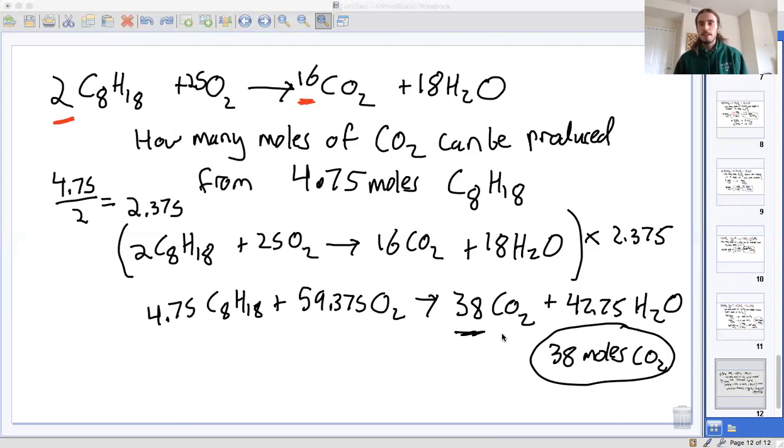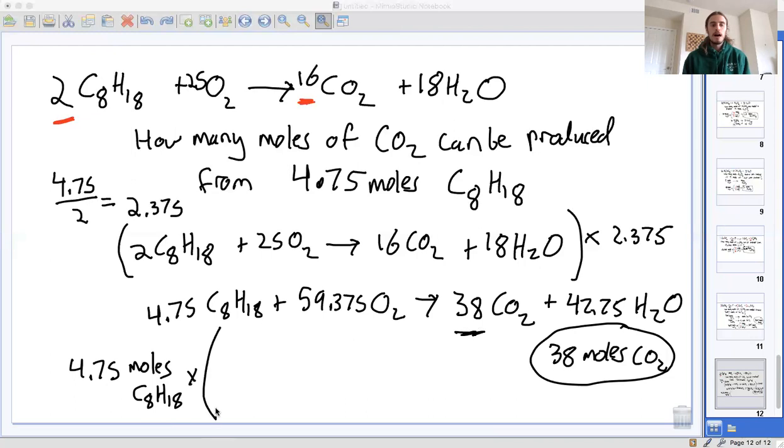Now, the conversion factor method in this case probably is a little bit quicker and a little bit easier. Let's look at it. 4.75 moles of octane. You're going to multiply by a conversion factor, which is a ratio of my coefficients in the original balanced equation, right? So that's going to be, let's see, we're converting to CO2. So that's going to be on the top.